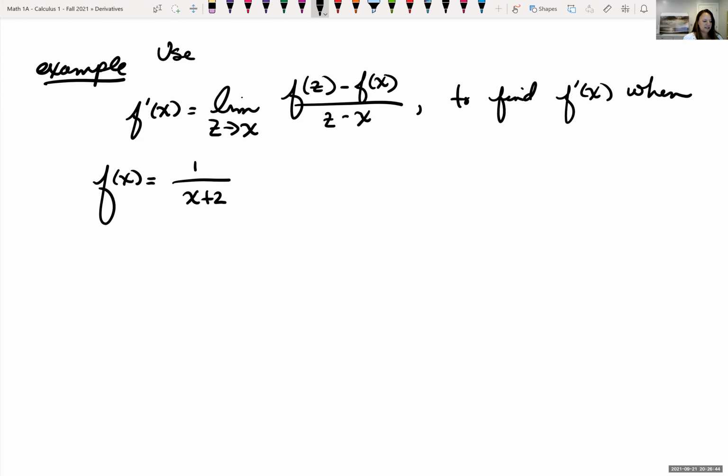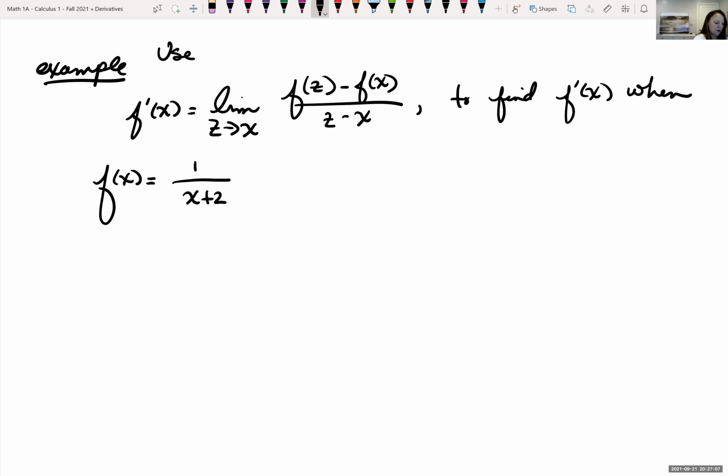Okay, so we're looking at this example of using that alternative form. We're given the alternative form, which I just said above: f prime of x is equal to the limit as z approaches x of f of z minus f of x all over z minus x. We're going to use this form to find the derivative when f of x is equal to 1 over x plus 2.